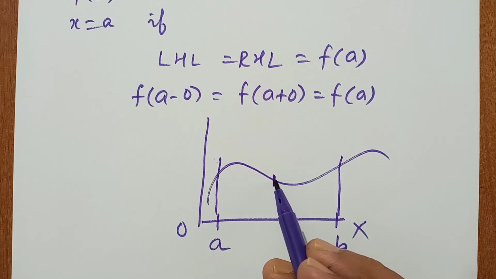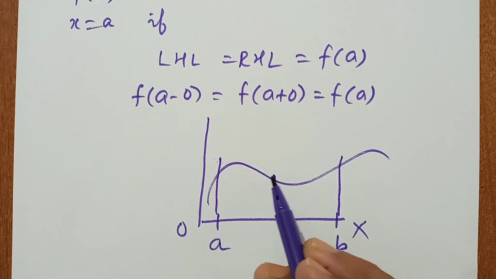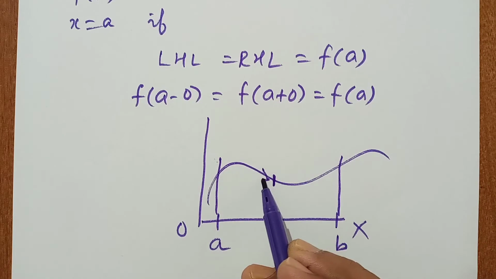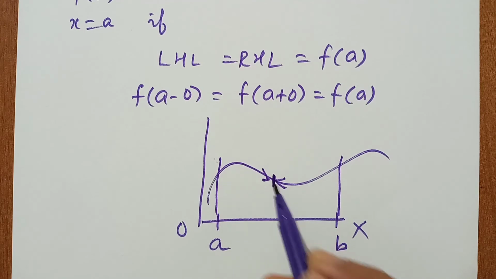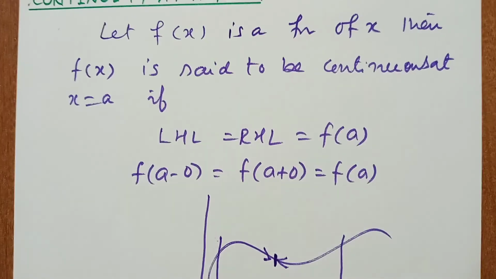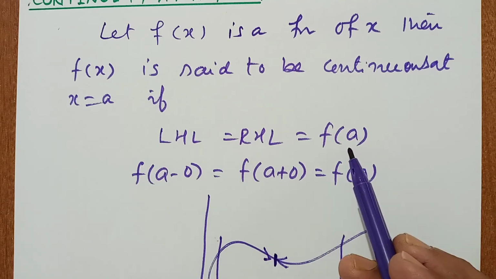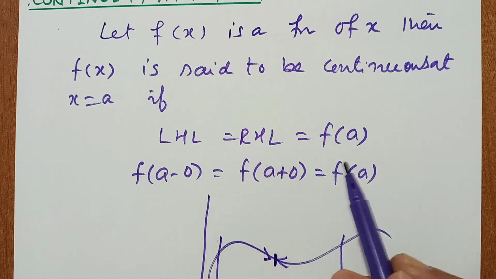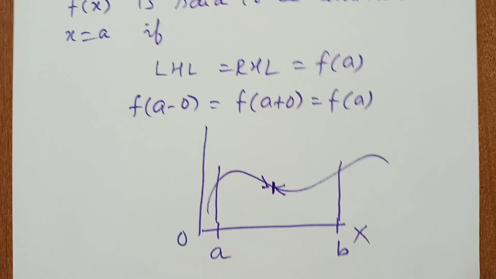So at this point, this function is continuous. So first we calculate the left hand limit here, and the right hand limit here, and the value of the function. It means if the left hand limit is equal to the right hand limit is equal to the value of the function, then we say the function is continuous. This is the definition of a continuous function.